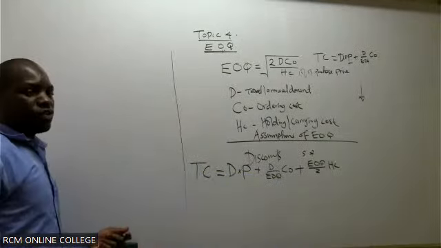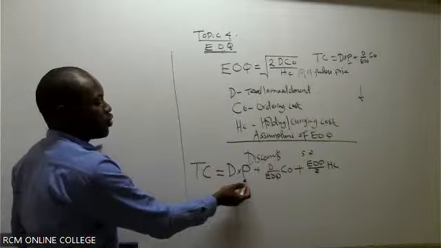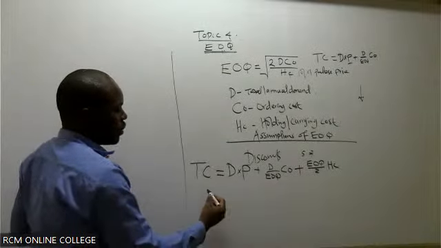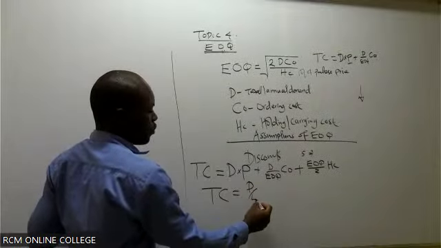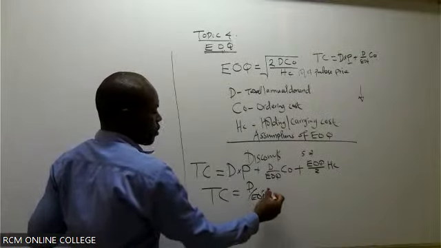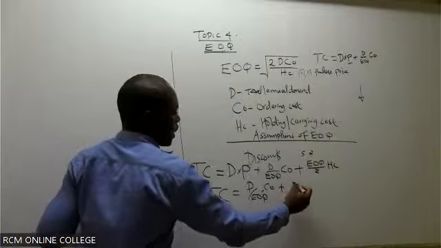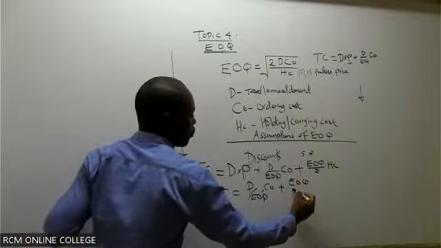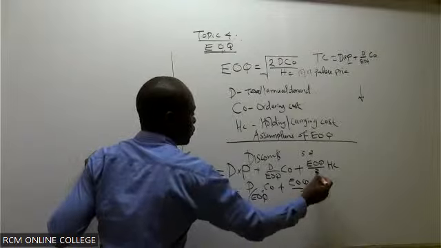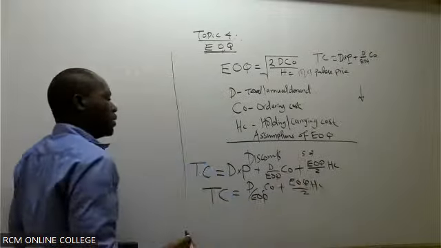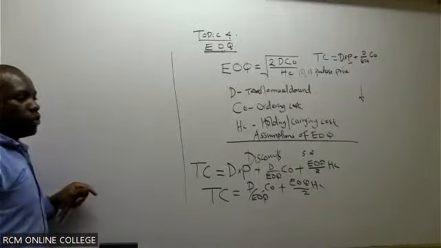Should you get a question whereby the purchase price is not given, then automatically your total cost will be demand over economic order quantity multiplied by ordering cost plus economic order quantity divided by 2, then you multiply by holding cost. Why do they assume this?